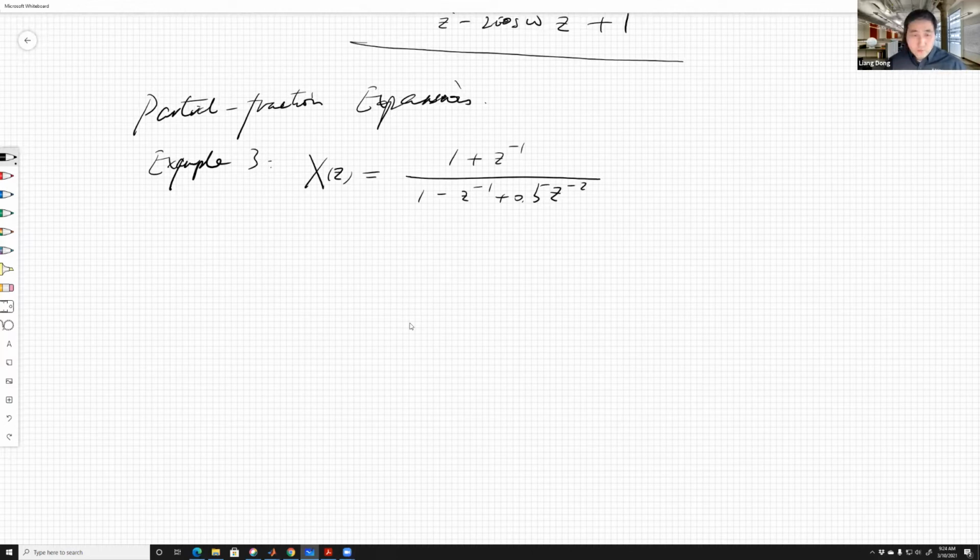we did one problem before. Right? The denominator is very easy to factorize into 2 terms, a product of 2 terms. Each term is first order, so it's easy to find poles. In this case, actually, those 2 poles are complex numbers, so it's not that easy to directly factorize the denominator and put it into 2 terms.